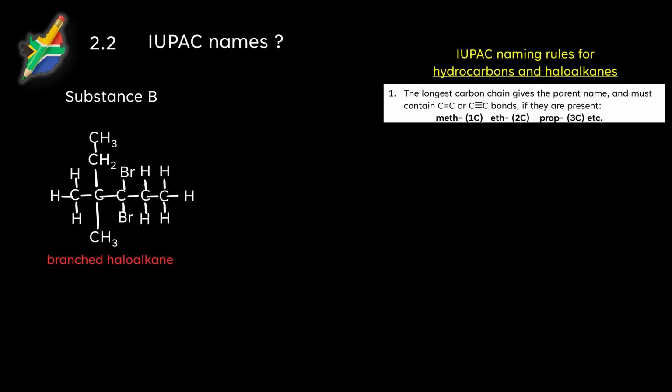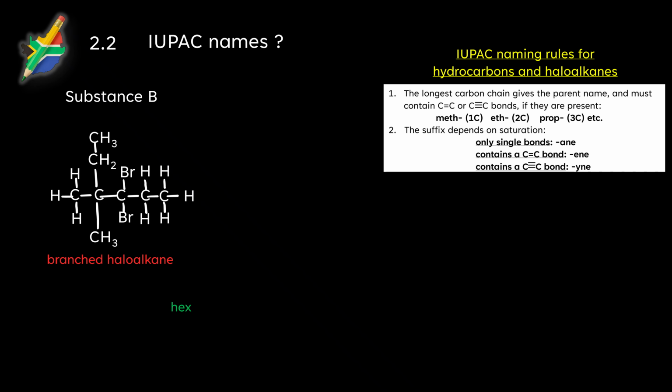First, find the longest carbon chain, and this gives the parent or root name. The longest chain must contain any double or triple bonds if they are present. This chain has only 5 carbons. This has 4, but this is the longest chain with 6 carbons. So the root name is hex.